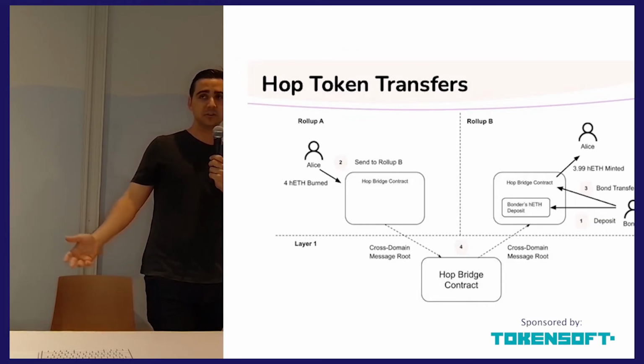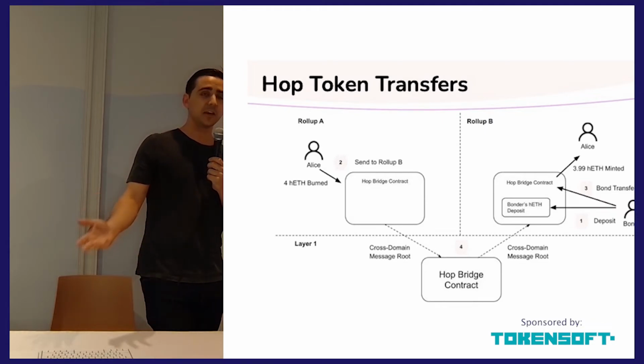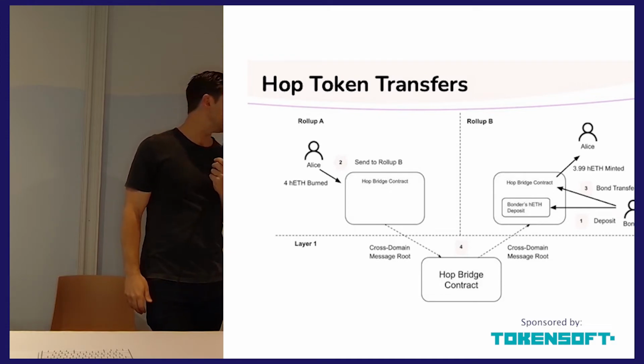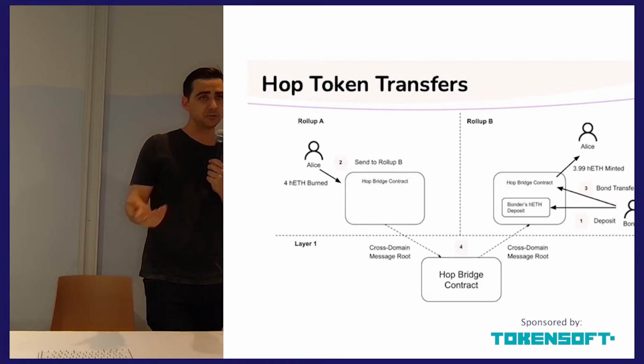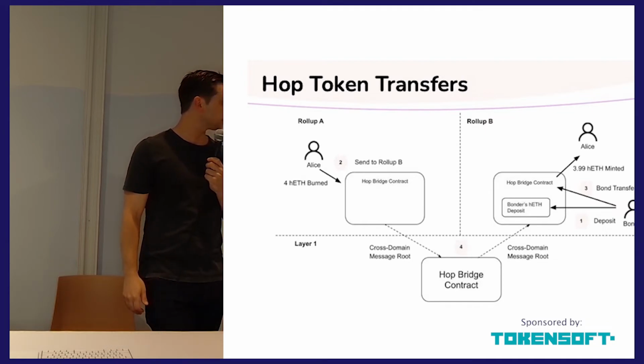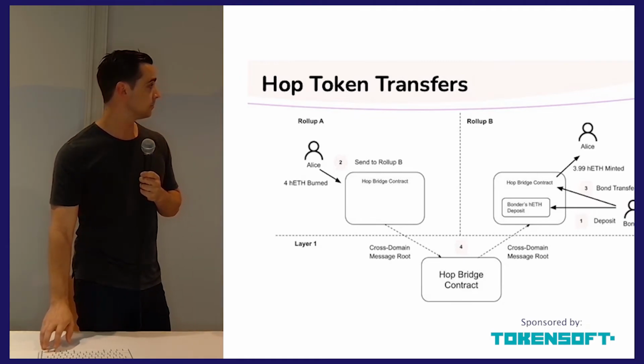And if anyone tries to cheat or defraud people, they have to basically say that Ethereum is wrong. And really, you can't do that given how these chains work. And so Hop's secret sauce, call it, is being able to rely on layer 1 as the way to verify that everything works as expected.